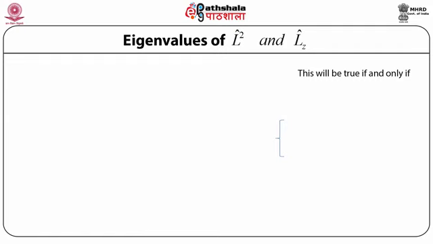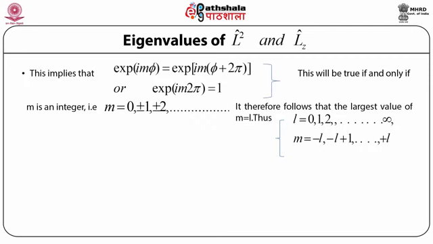Now, using the periodicity of the spherical harmonics, if we implement this condition of periodicity, that phi is periodic with a periodicity of 2π, then this implies that e^{imφ} is equal to e^{im(φ + 2π)}.